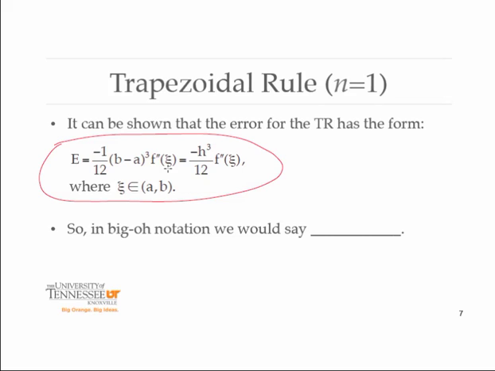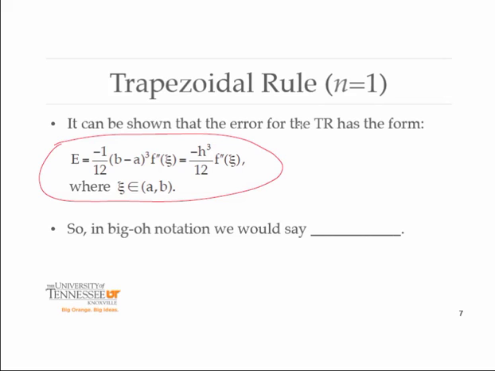Overall, if b minus a is the distance h, the error is order h cubed over 12 times a certain internal value of the second derivative. But for the most part, that error is going to be controlled by h, assuming that you don't get something really crazy in the second derivative.